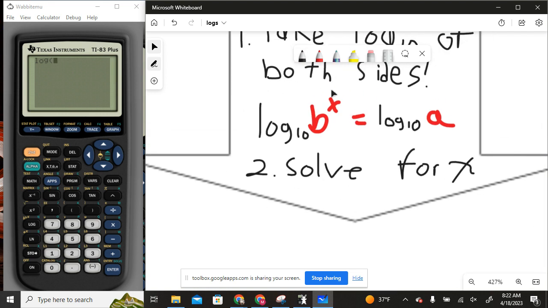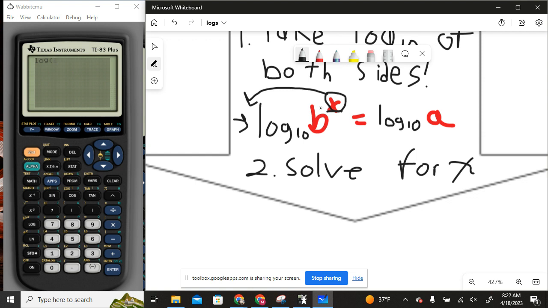Look at your log. Note over here, we see that there's a b with an exponent. So whenever we see our number in front of the log with an exponent, we have to do the power rule.